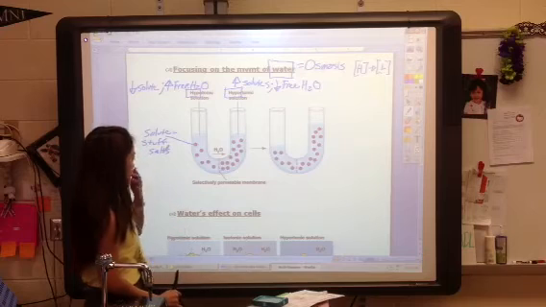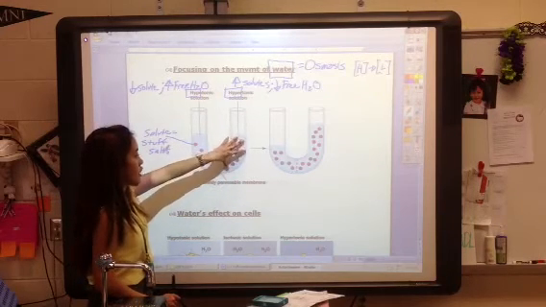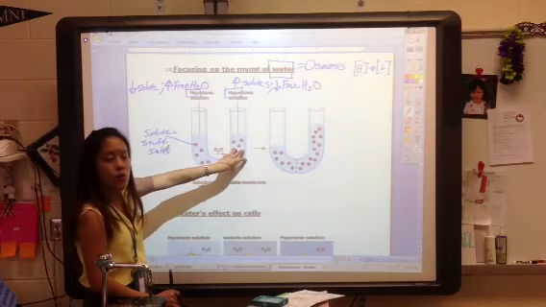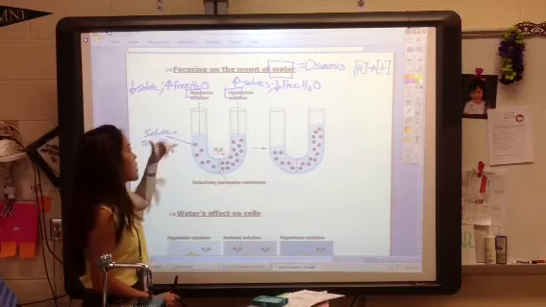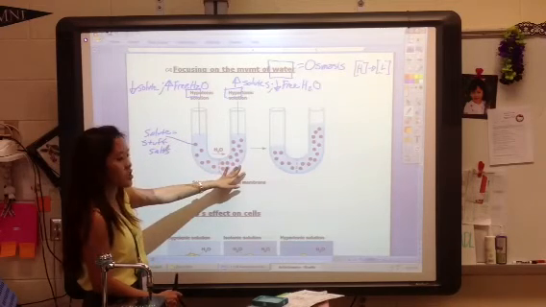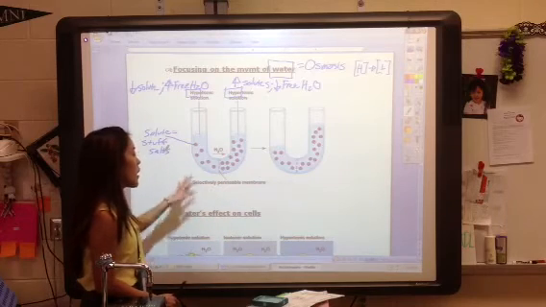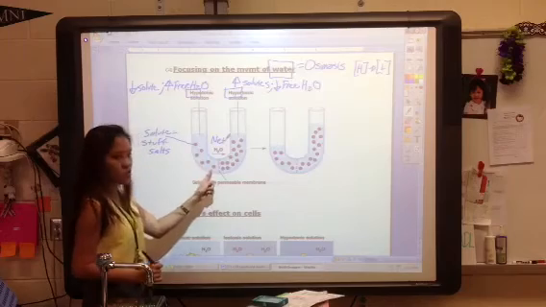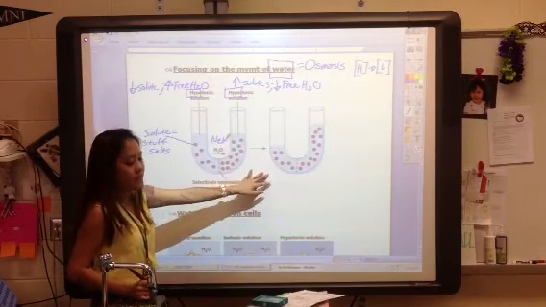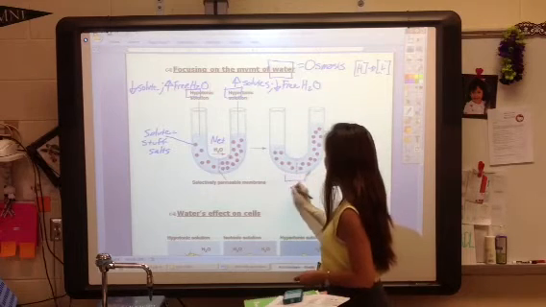And if you have a high concentration of solute on this side and you have less free water, we're going to be wanting to move towards equilibrium. We want to move from high to low concentration. So in these types of tubes, only the water can move. And there's going to be a net movement of water from high concentration to low. Eventually, the water is going to reach a point of equilibrium.